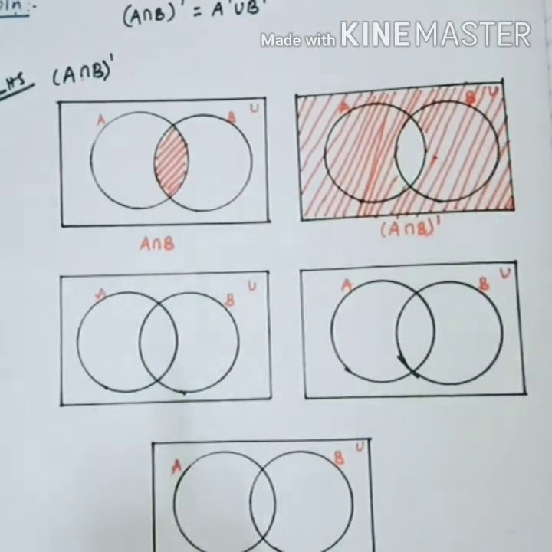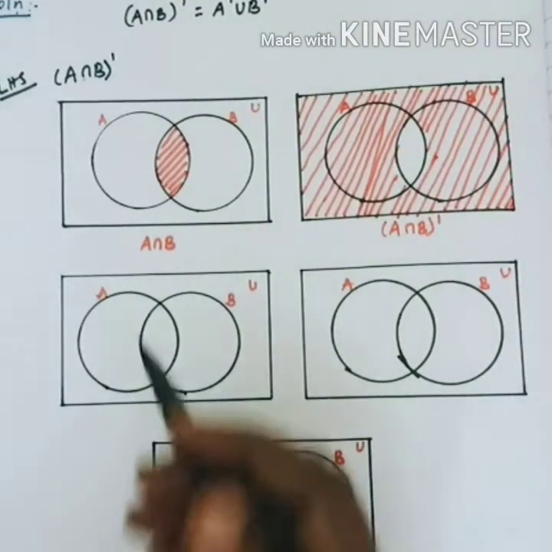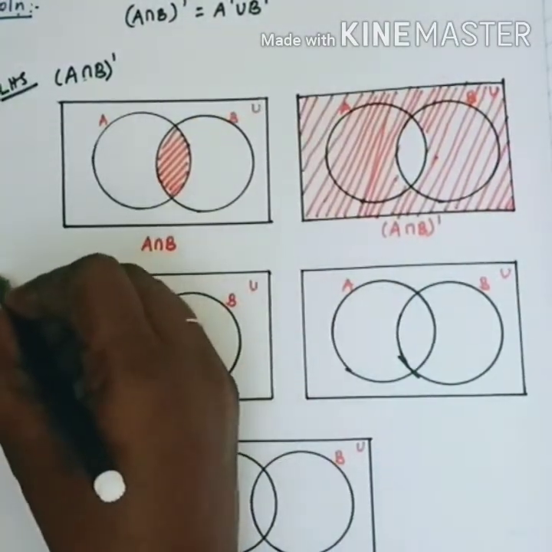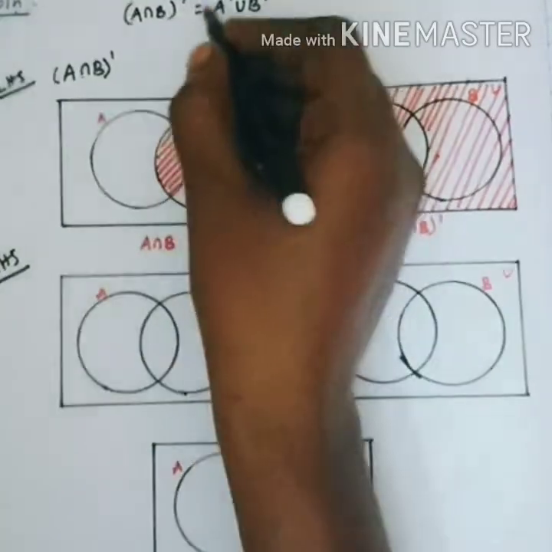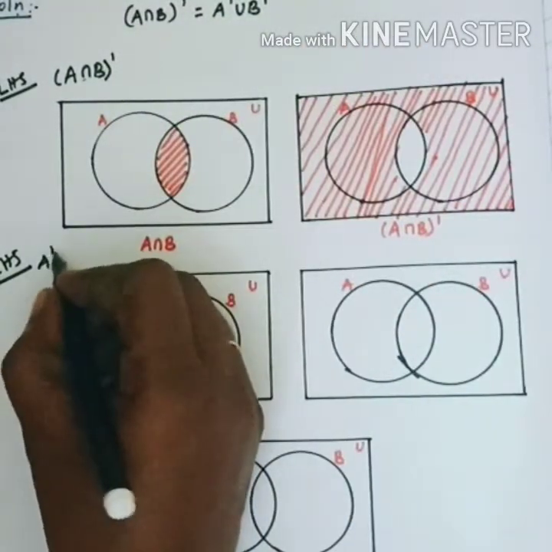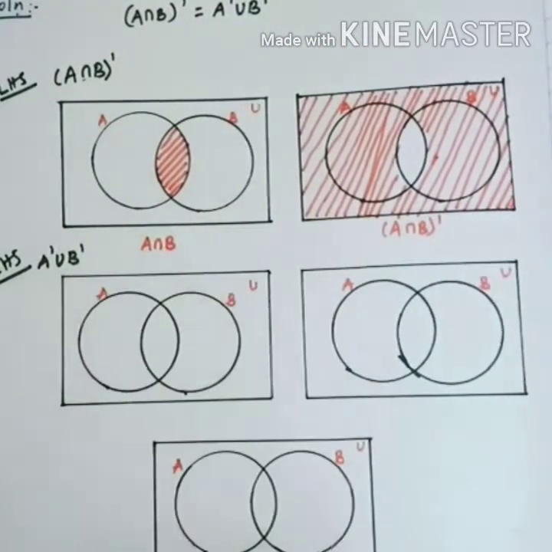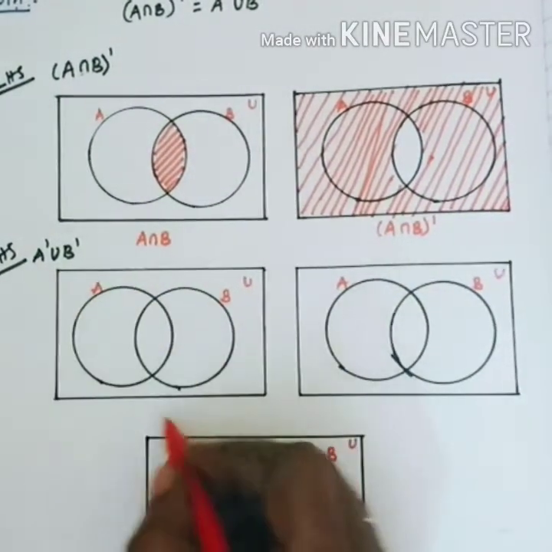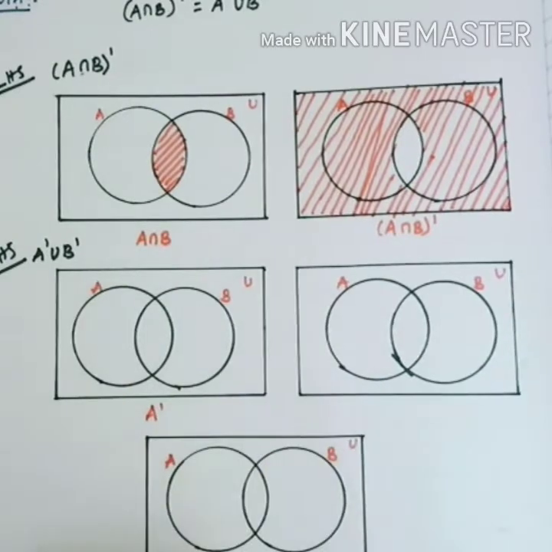Next come to the right hand side. What do we have in the right hand side? A dash union B dash. So now we have to identify A dash first, isn't it?